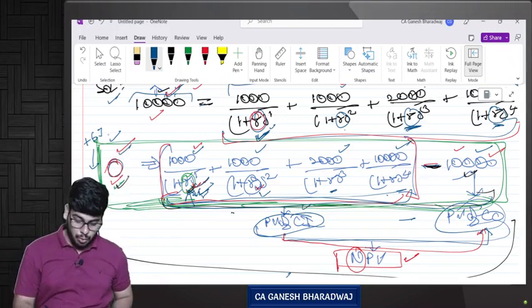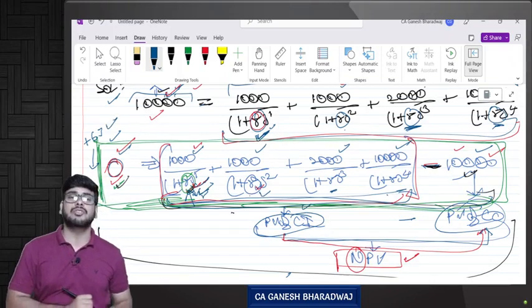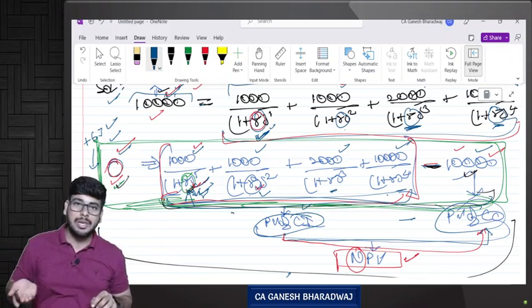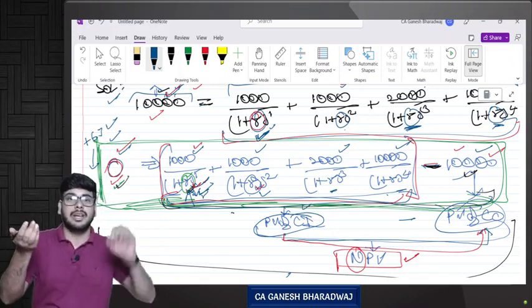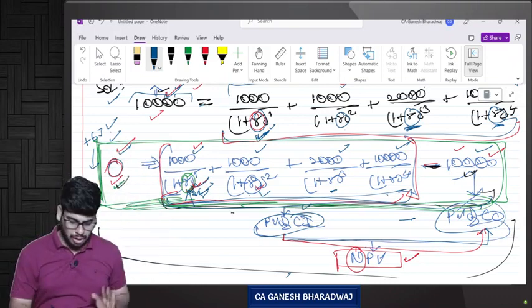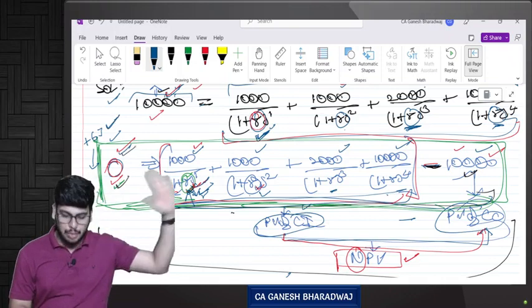Correct or not? Now, keeping 10% as the discount rate, my final present value is how much? 67. So, I need to increase it slightly. I need to increase my discount rate slightly so that my final present value also comes down. Because I want my NPV to be equal to 0.